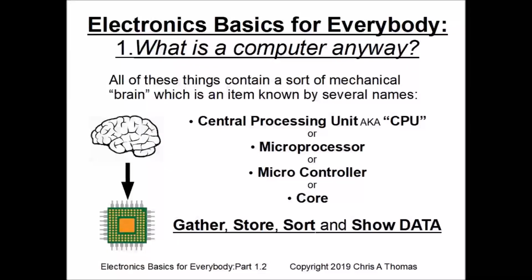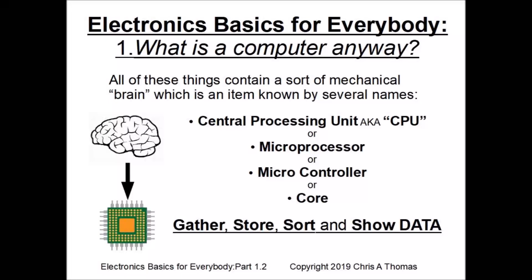Now then, there is an electronic brain that lives in all of these devices. Some of them call them a central processing unit, also known as a CPU, or a microprocessor, or a microcontroller, or even in the case of multiple core devices, multiple processor devices, they're called cores.